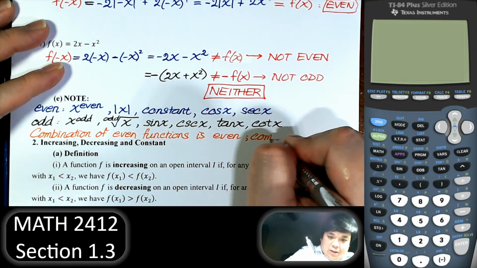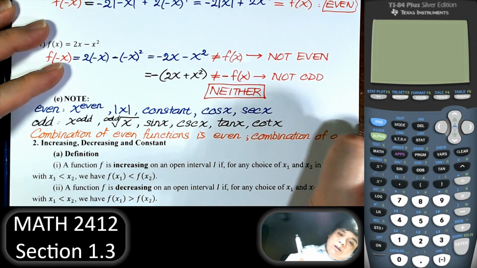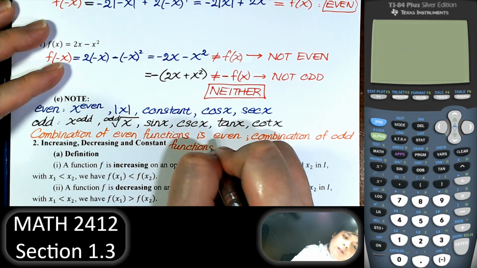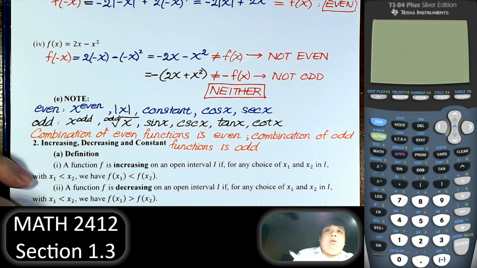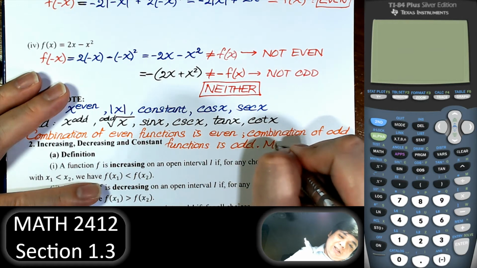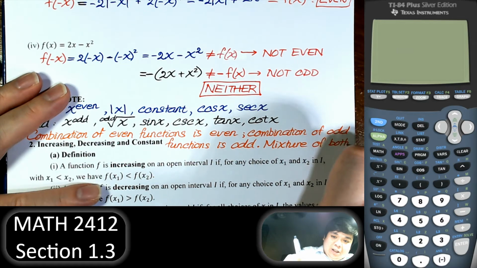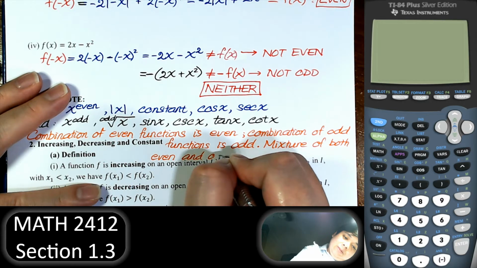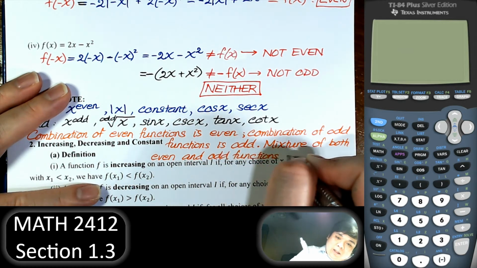Combination of odd functions is odd. A mixture of both, even and odd functions, is neither.